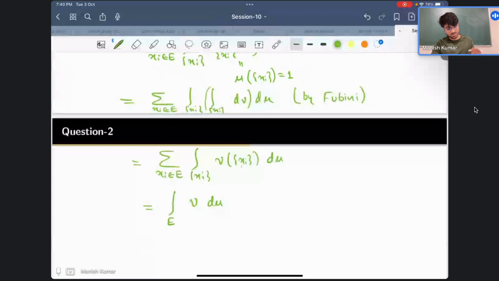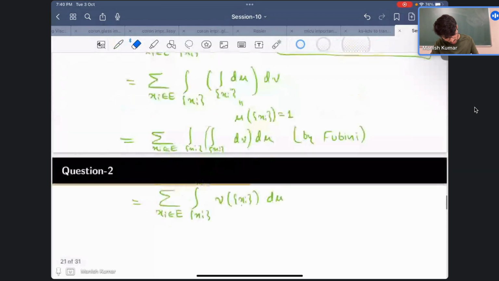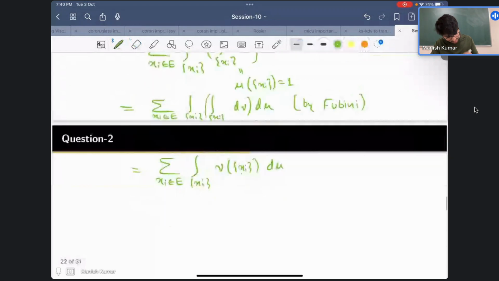This function is taking the singleton's value, so I should not write it this way. I have this notation, so better write it this way. You take this nu of xi outside the integration, because this is some real number.